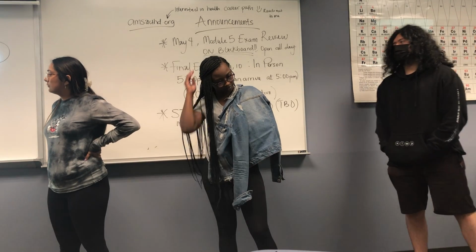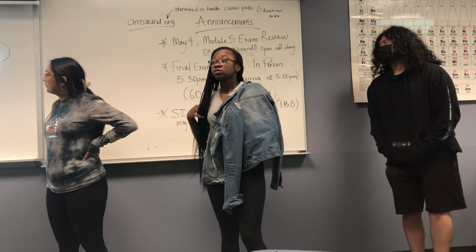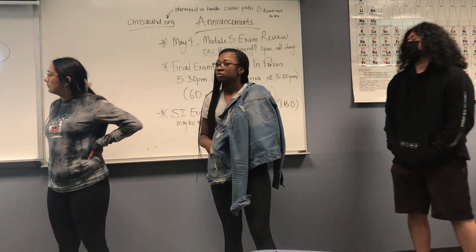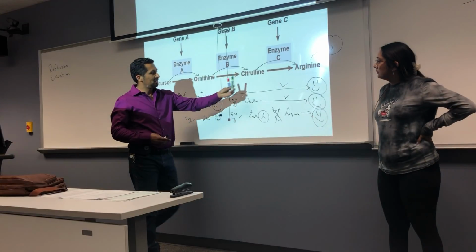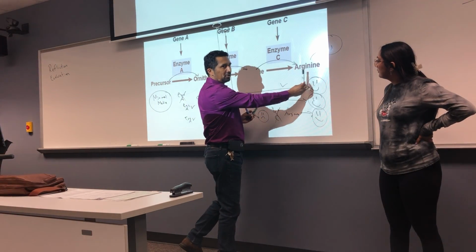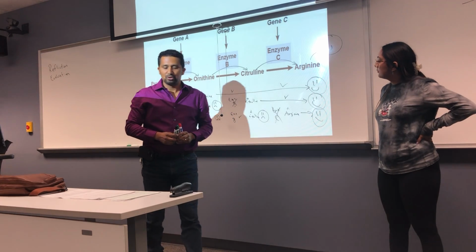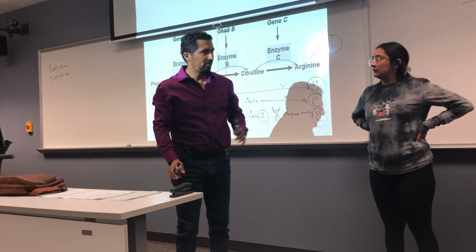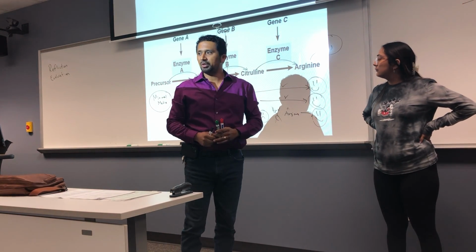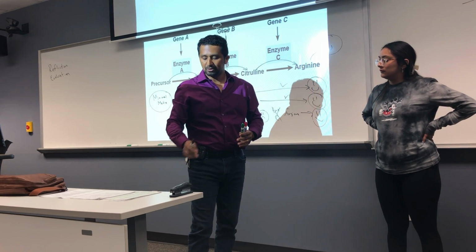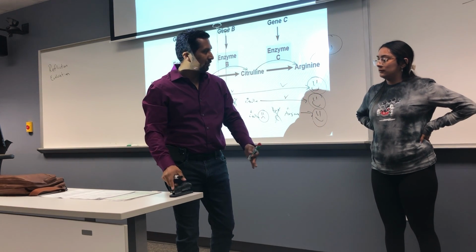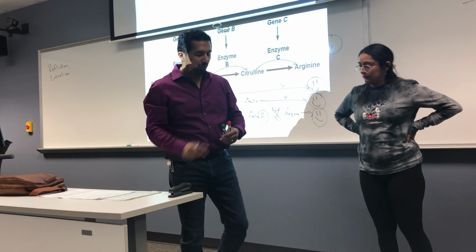Here, this one is ornithine, okay? Remember this: ornithine, citrulline, arginine. So, wild type. We put the wild type organism, bread mold, your spore cells, in the minimum media right here. You will take this and it will convert it to this.